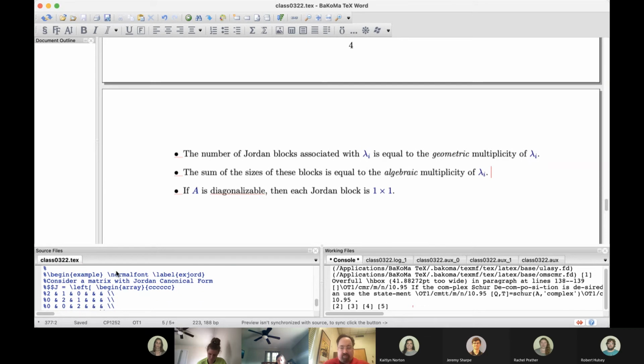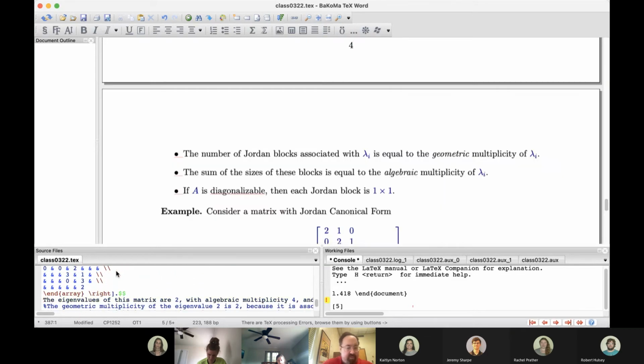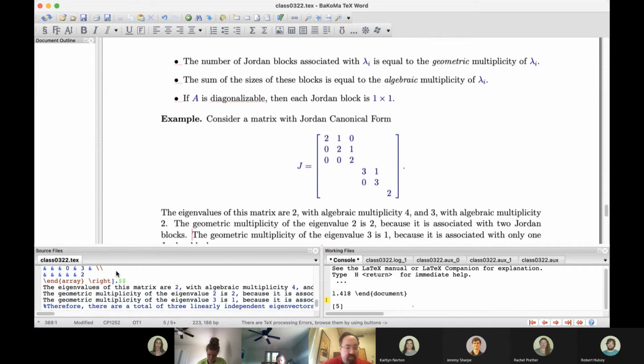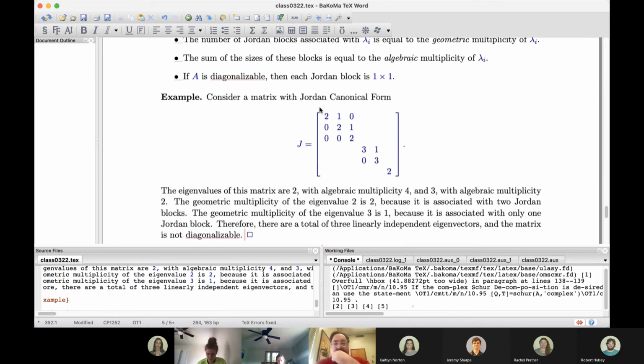Okay, so now I'll show you an example. Here's a sample Jordan form of a matrix. The matrix itself is 6 by 6, but because there are 3 Jordan blocks, there are only 3 linearly independent eigenvectors.